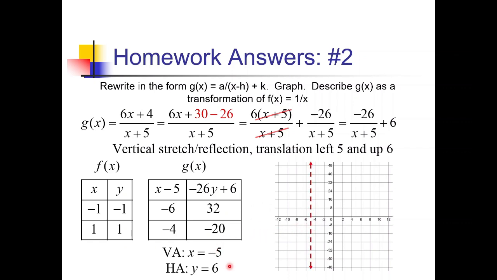And for the horizontal, y equals 6, that's roughly here, 3/4 of a grid line up. We have the point -6, 32, which is right there, and -4, -20, which is about halfway between -16 and -24. So here is one branch up there, and the other branch down here.